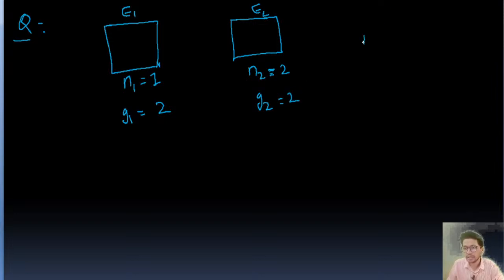Okay, so we are given A, B, C, three particles. These are distinguishable particles. These are the energy levels, and in the first energy level only one particle can stay, in the second two particles can stay, so n1 equal to 1 and n2 equal to 2.